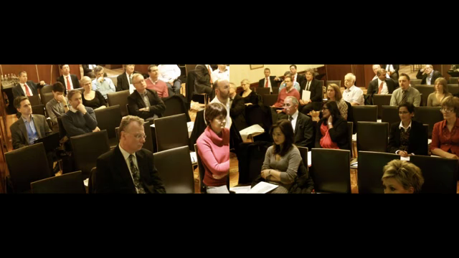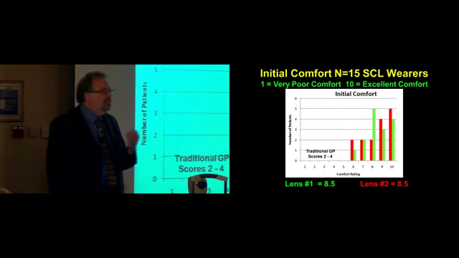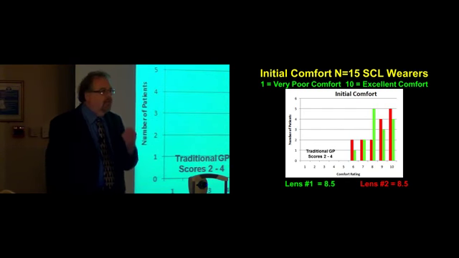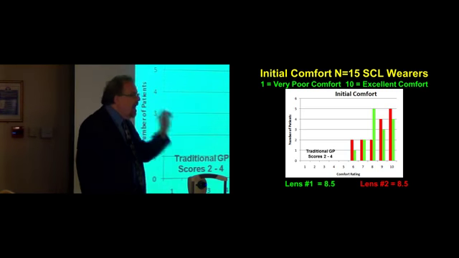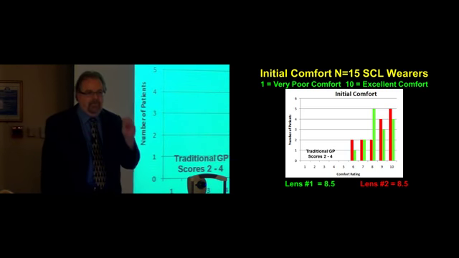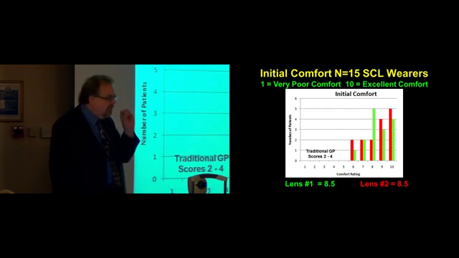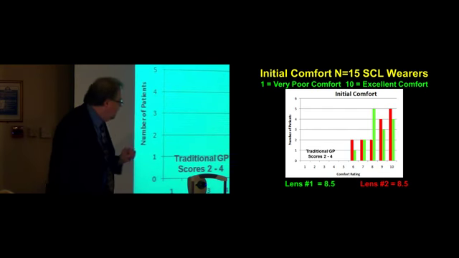Now, when we do our silicone hydrogel soft lens studies, the average scale reading is a 9. That's what patients feel when they apply a silicone hydrogel lens.